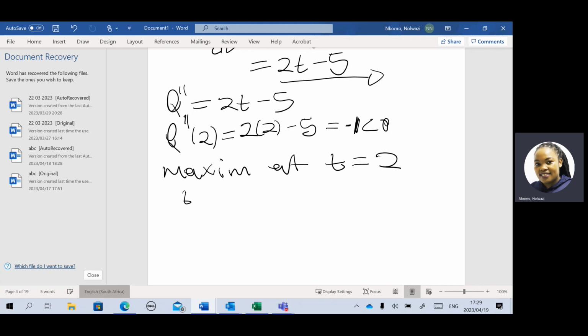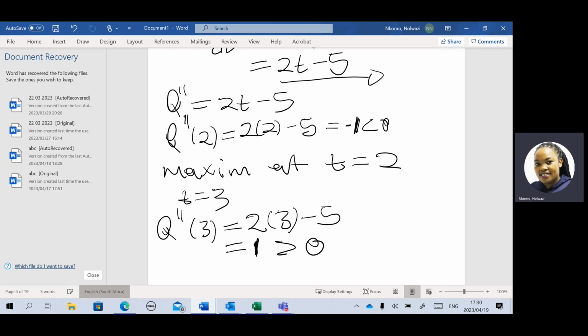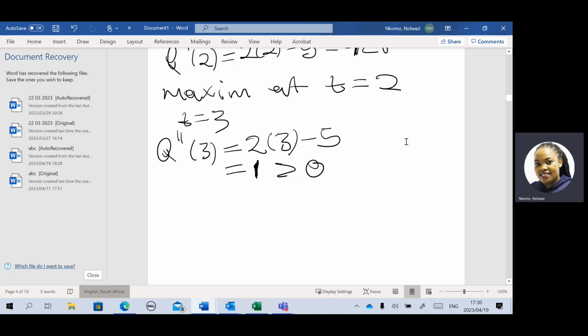Now let t be 3, because our second turning point is 3. So this means we have Q double prime of 3, which gives us 2 times 3 minus 5. This will give you 1, and 1 is greater than 0. Since at t equal to 3 our second derivative is positive, meaning it's greater than 0, this indicates that we have a minimum turning point at t equals 3.